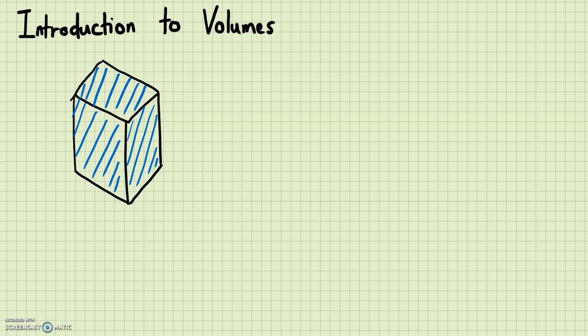Now for volume, we want to know how much can we put inside of this shape. Okay, so imagine we have a box, a rectangular prism box. How much things can you put inside that rectangular box?